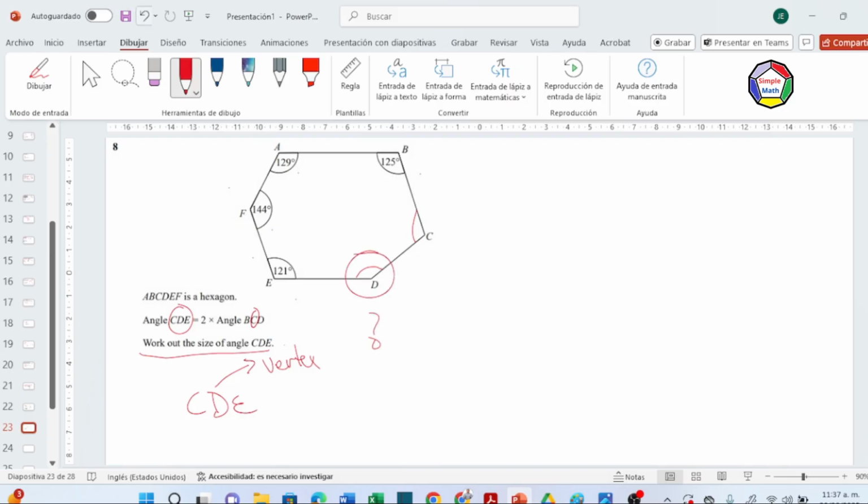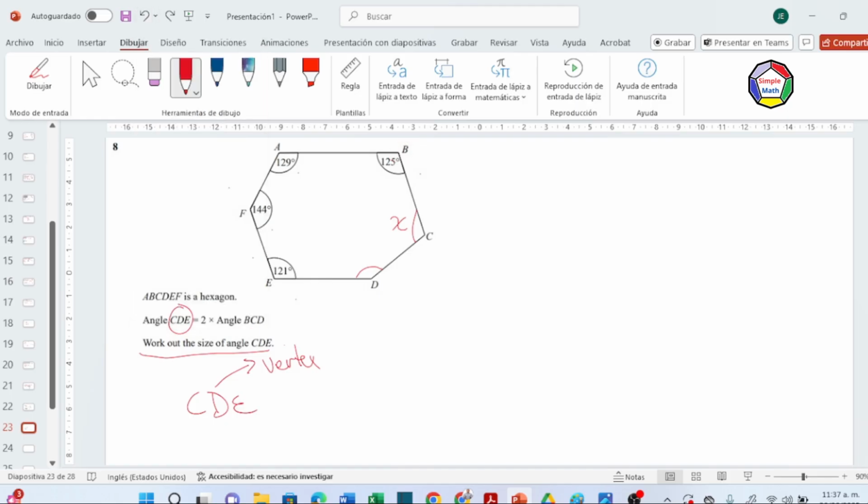For this exercise, I'm going to call the angle BCD with the letter x.